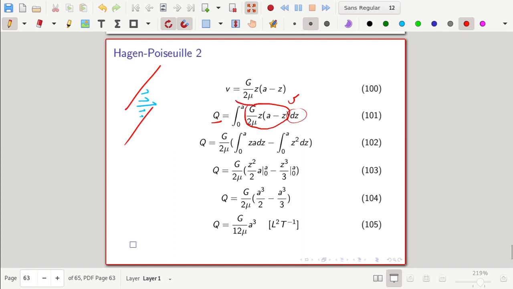So this is this here, and we're integrating from z equals 0 to z equals a. Again, the integration is pretty straightforward. I'm using the distributive property here because the integral of the sum or subtraction is the integrals of each term, summed or subtracted.